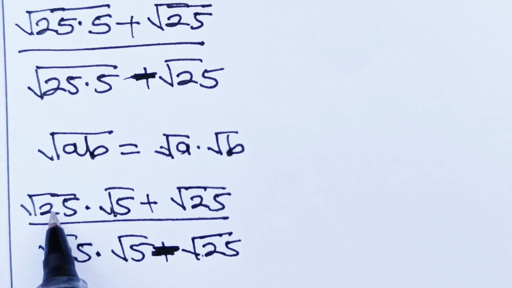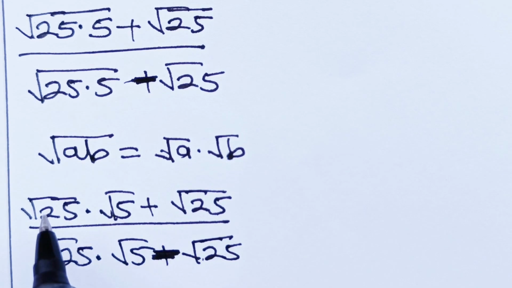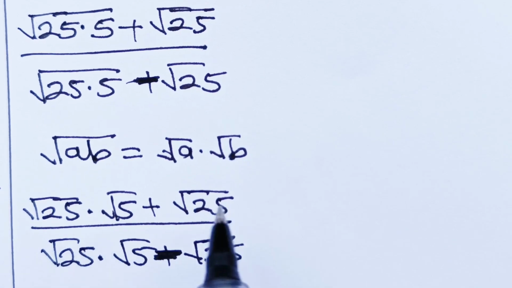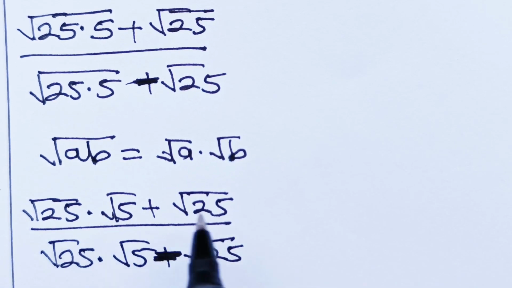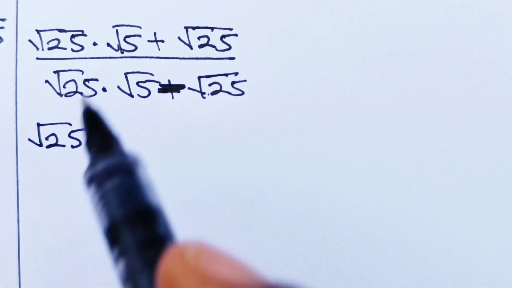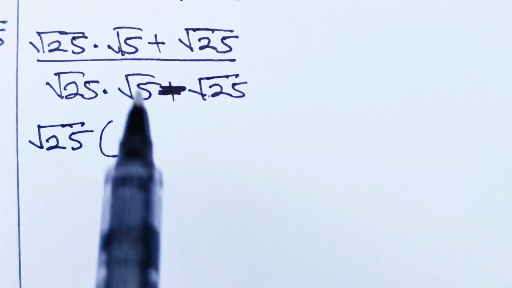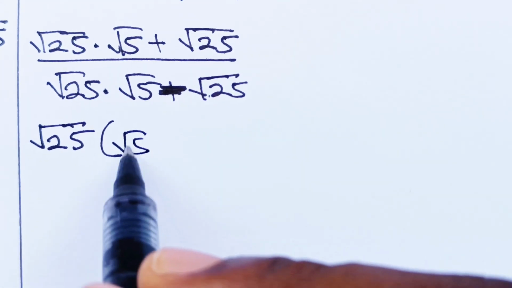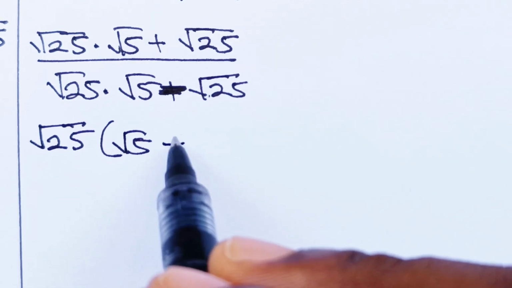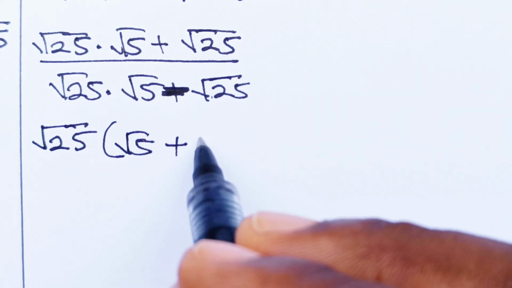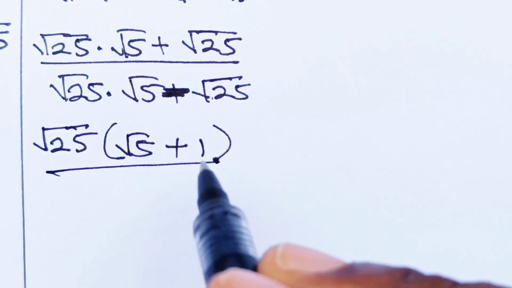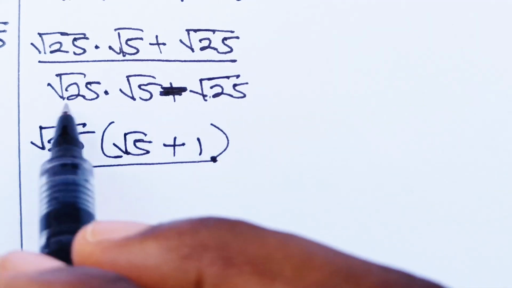Okay, now we are going to factorize square root of 25 from here. So we have square root of 25 here and here, so let's factorize. So we have square root of 25 brackets. When this is divided by this, we have root 5 remaining, plus when this is divided by this, we have 1, divided by the same thing will happen here.